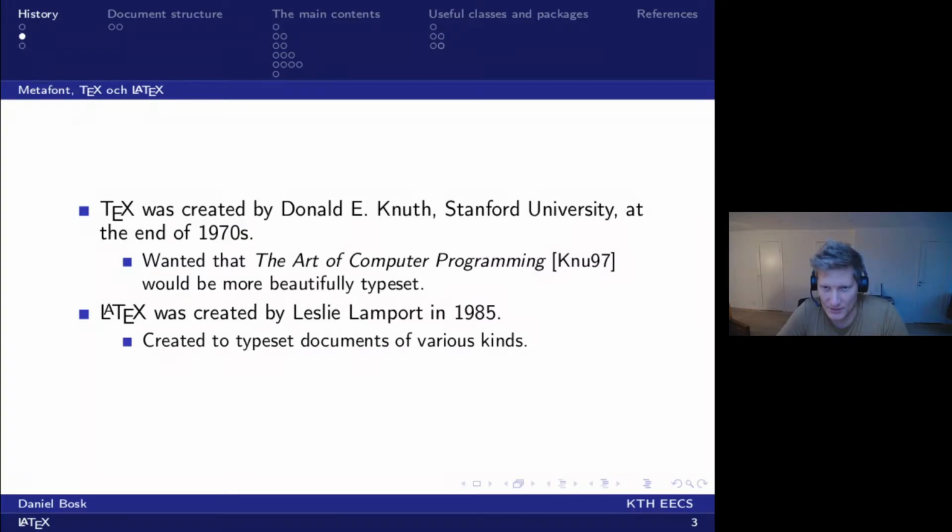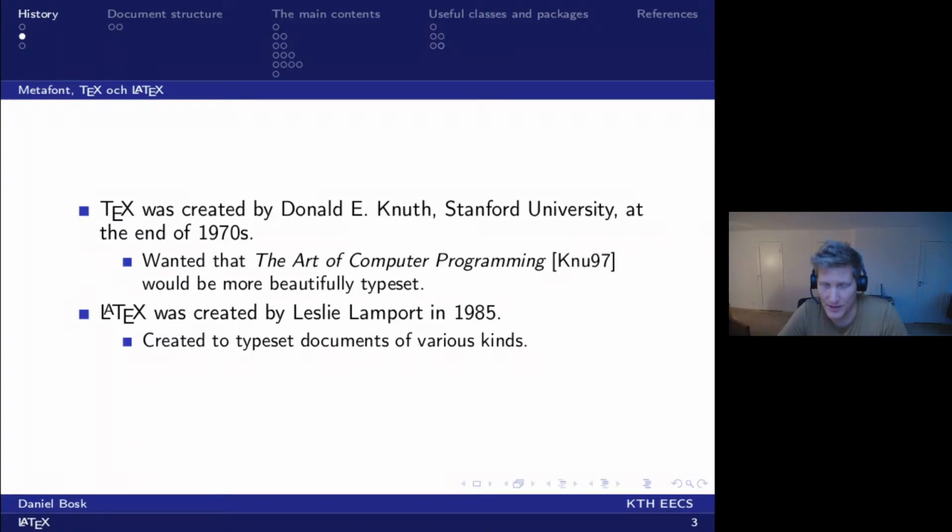And it took quite some time for him to write TeX, but eventually he did, and he typeset his book, well, one of the books, because he's still revising and continuing writing The Art of Computer Programming. So the current version, well, one of the books came out in '97.